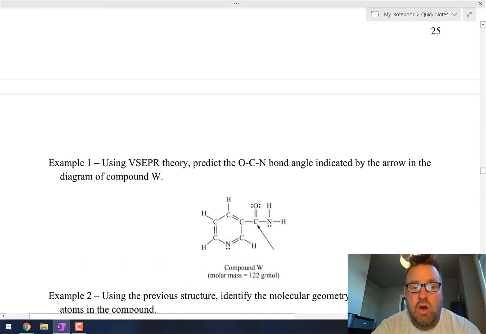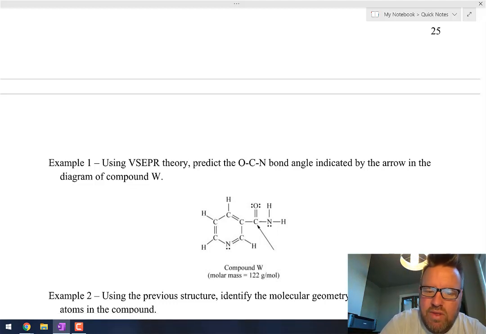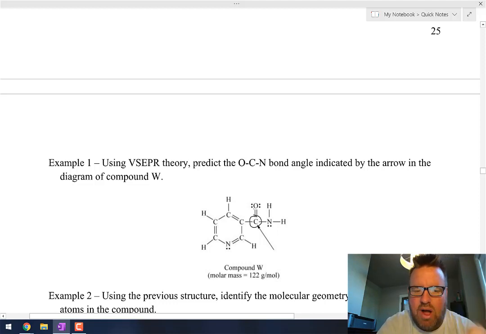Using the VSEPR theory, predict the OCN bond angle indicated by the arrow in the diagram of compound W. We see the arrow pointing at this carbon. The way that we determine the shape around that carbon is we count the number of bonds that are made to that carbon.